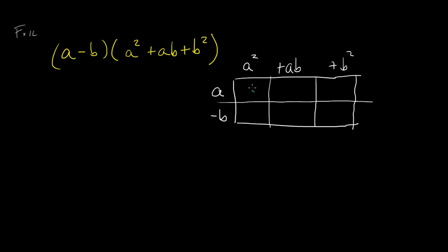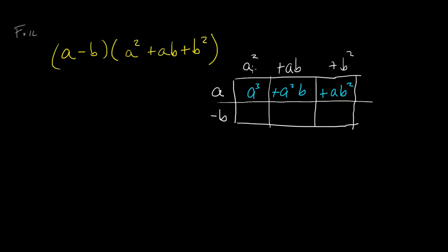So let's see what happens when I multiply this out. A times a squared is a to the 3rd power. A times a positive ab is an a squared b, that's positive. A times a positive b squared, well, that's a positive ab squared. Now let's take this negative b and distribute to our 3 parts there. Let's do that in a different color just for the sake of having some fun with color. Let's try a green.